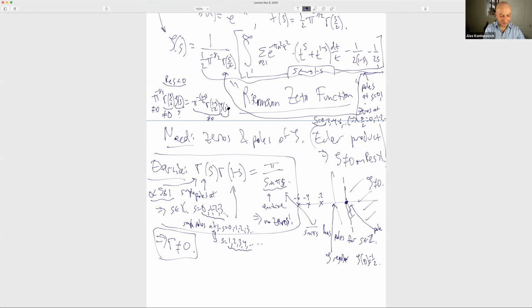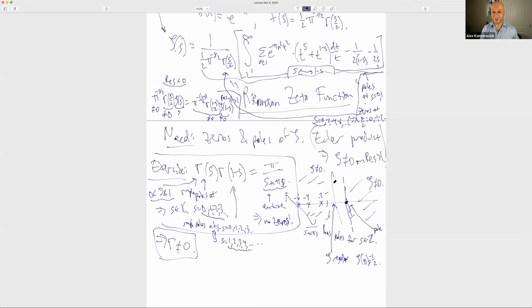The real part of 1 minus s is bigger than 1. So this doesn't vanish. So in this entire range, zeta is also not 0, just by looking at the functional equation and gamma.